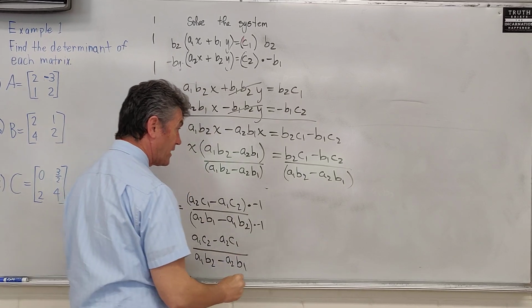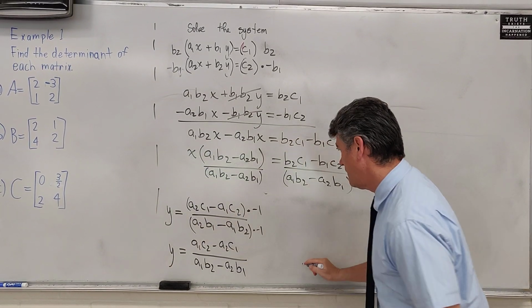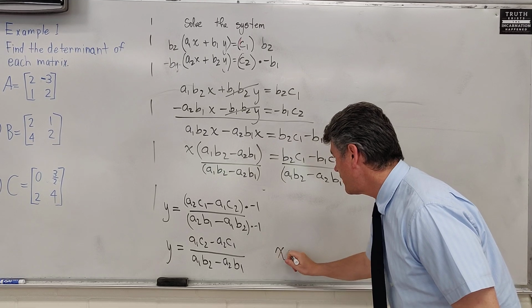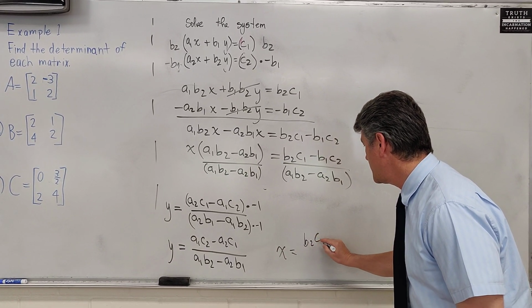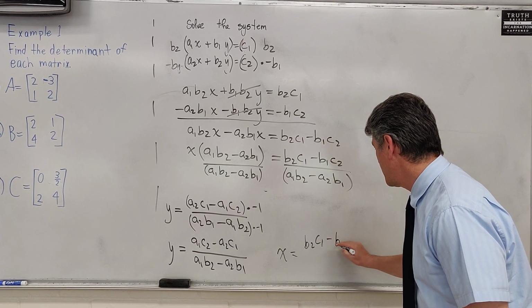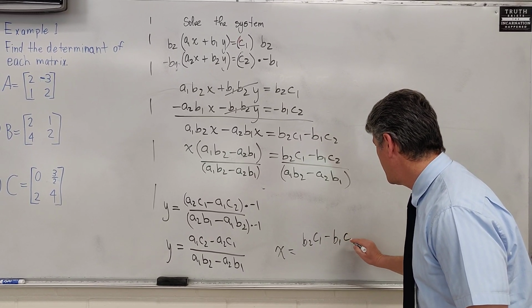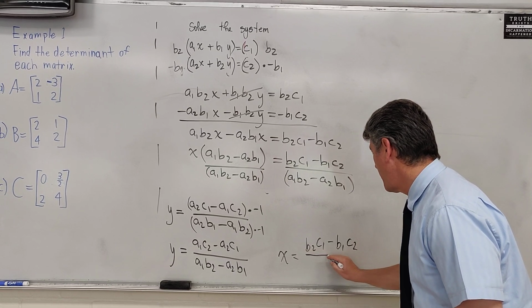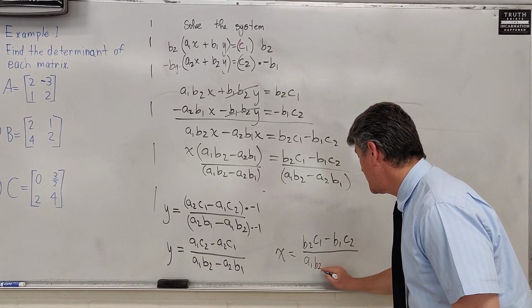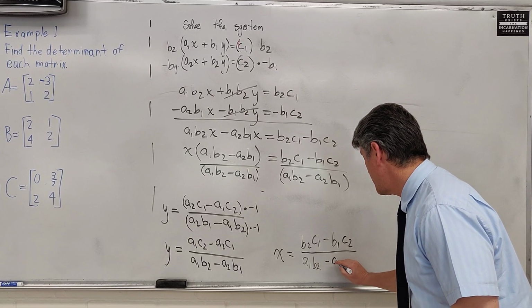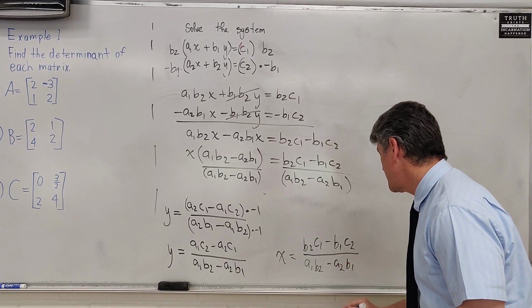And finally, we end up with x is equal to b sub 2 c sub 1 minus b sub 1 c sub 2 divided by a sub 1 b sub 2 minus a sub 2 b sub 1.